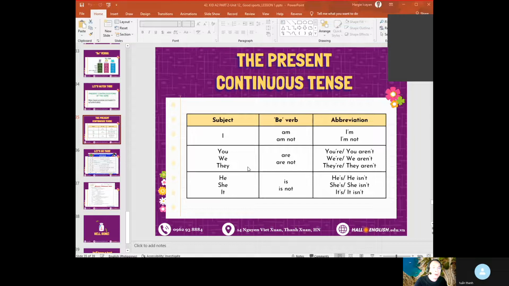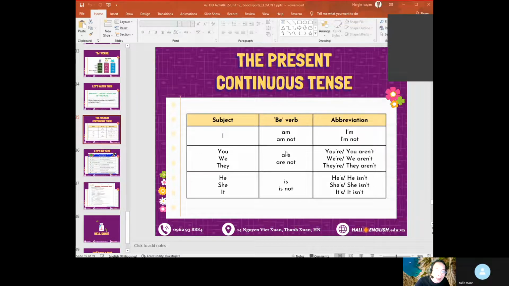Yes, okay. Now, if we have you, we, and they, we can also use the positive, but we have to use the be verb are since you, we, and they are plural. Therefore, we take the are because our subjects are all plural.